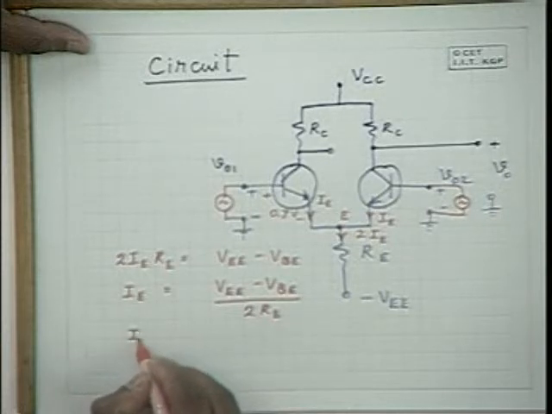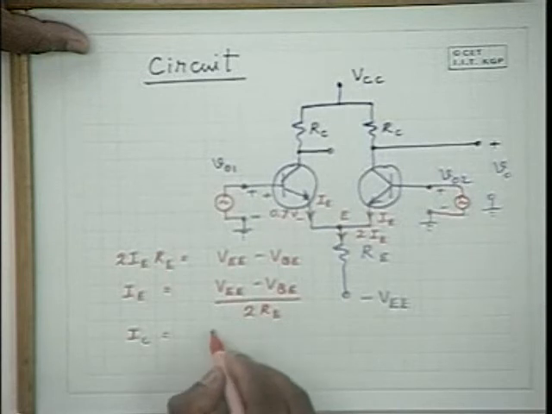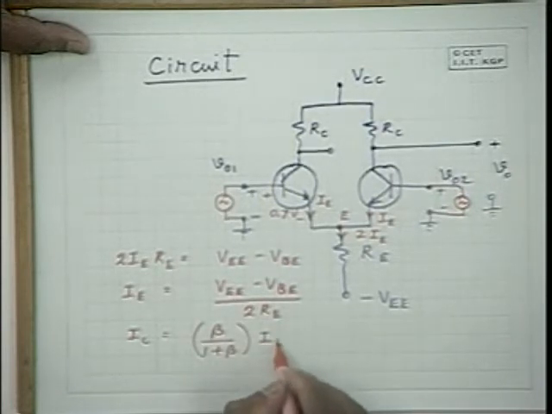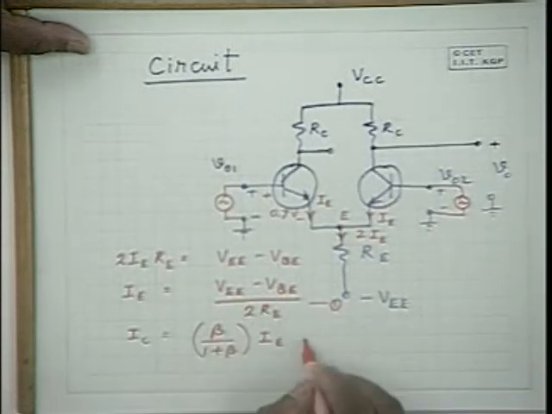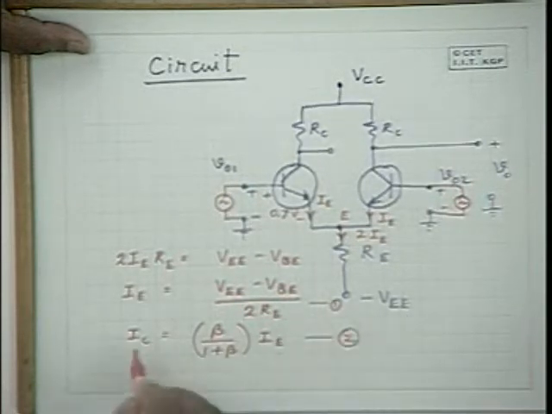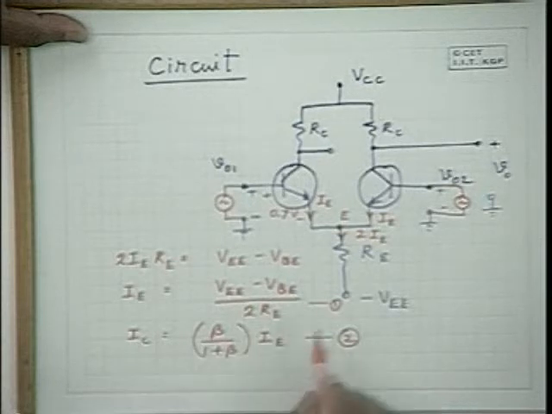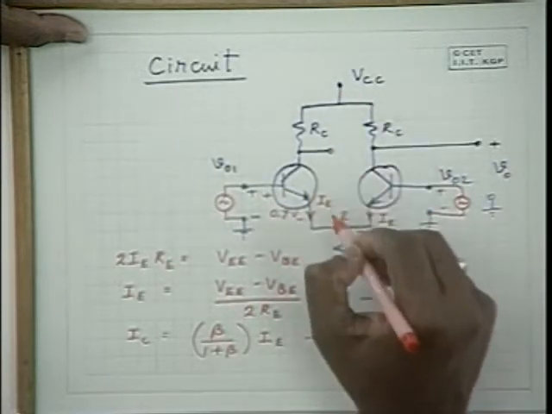And naturally IC is equal to beta by 1 plus beta times IE. So equation 1 gives you IE, and from equation 2 you can determine IC. And once IC is known, we can find out what is the VCE here.